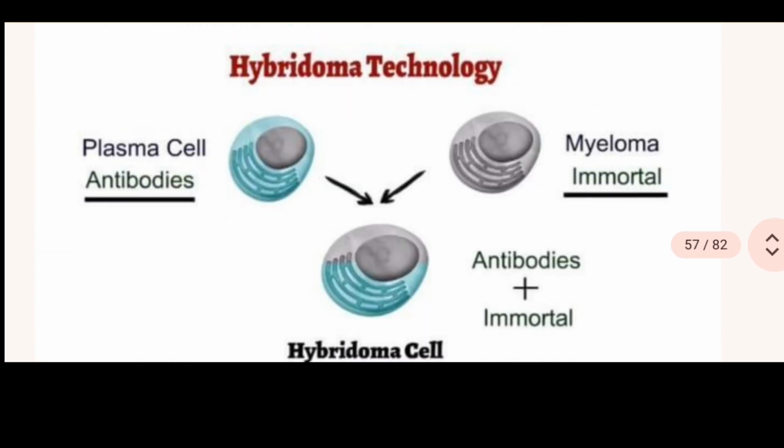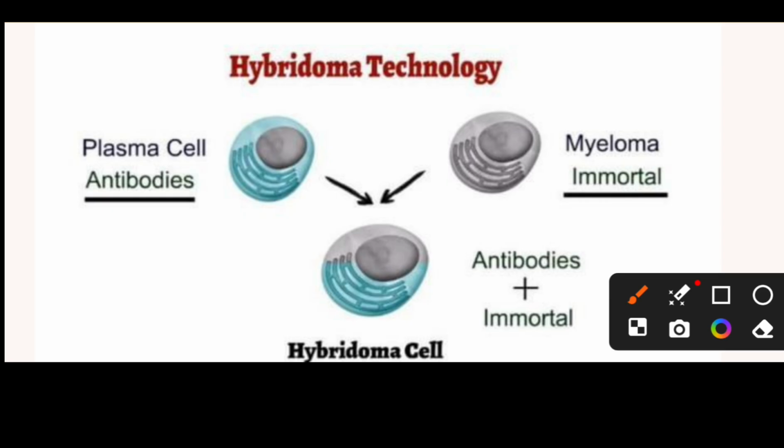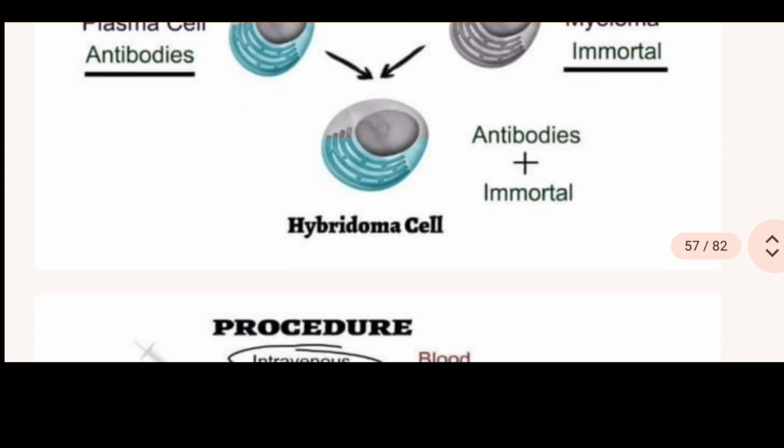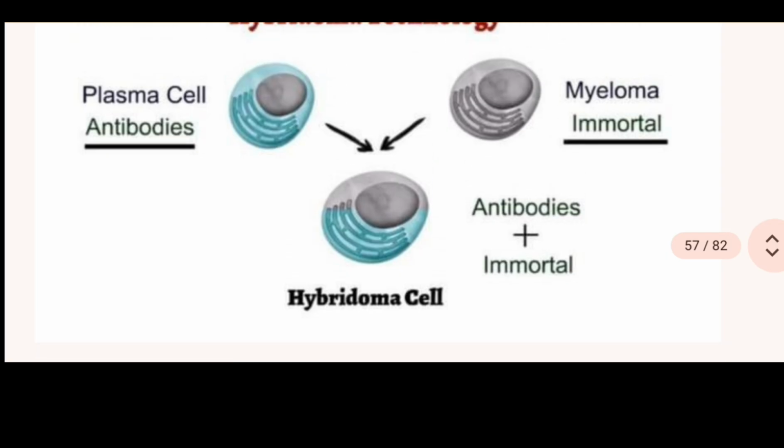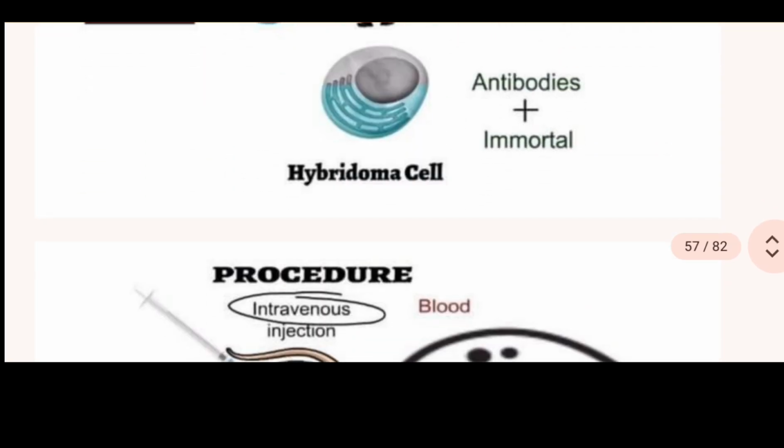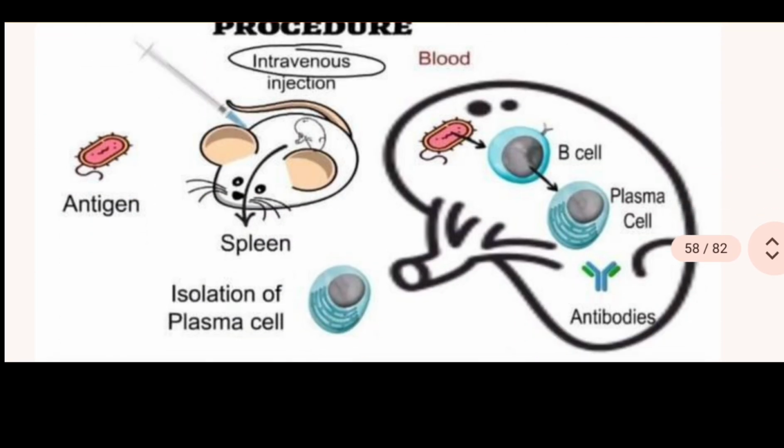Now, what is hybridoma technology? The plasma cell antibody combines with the myeloma cell, that is a cancerous cell, so the antibody plus immortal cells are there, and the plasma cell antibody and myeloma cell combine to form hybridoma cells.